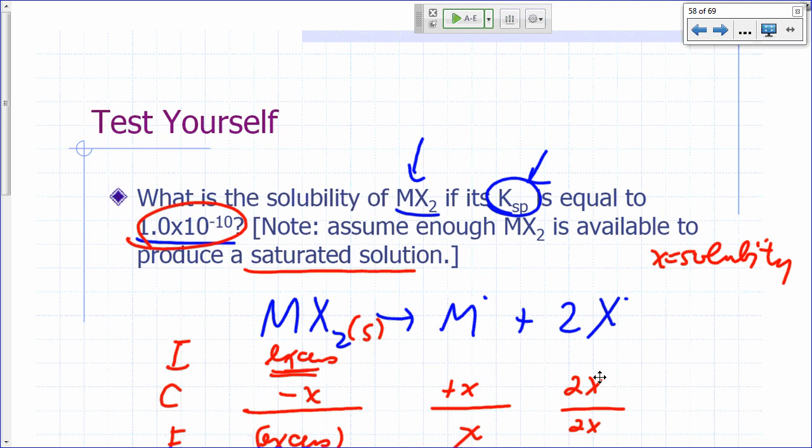Now, one thing you need to worry about here, if you're given a real compound, let's say your anion is carbonate, the solubility that you calculate would actually be less than what you would get experimentally. The reason is that carbonate can hydrolyze and give you HCO3 minus plus OH minus.